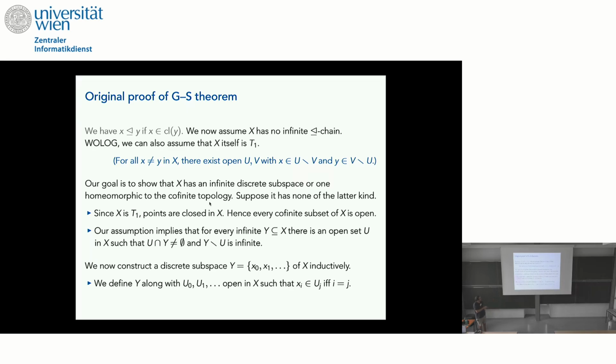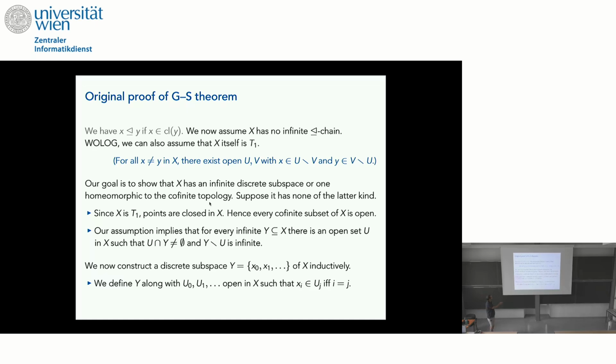All the cofinite subsets are open. So what does that mean? That means that if you have an infinite subset of our space, all the cofinite subsets are open, so it cannot be that there is a subspace whose open sets are only the cofinite subsets. Otherwise, we would have a contradiction to this assumption that there is no subspace with the cofinite topology.